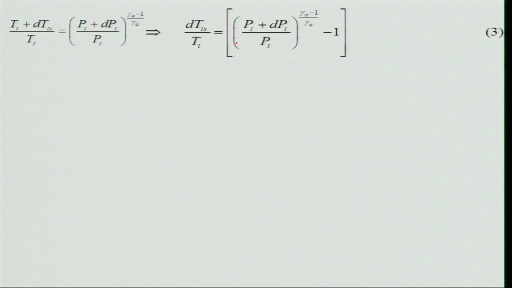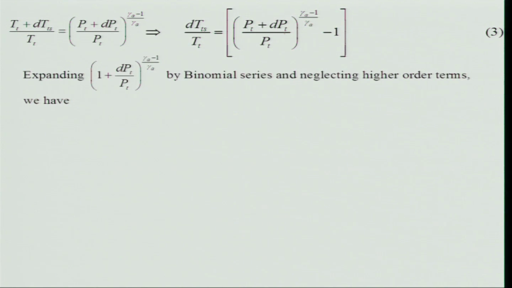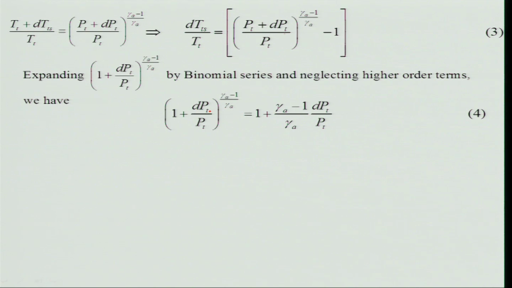If you look at this expansion, I can expand it in a binomial series, and neglecting the higher order terms, I will get 1 plus dP_t divided by P_t, which is nothing but 1 plus (gamma minus 1) divided by gamma times dP_t by P_t, right.